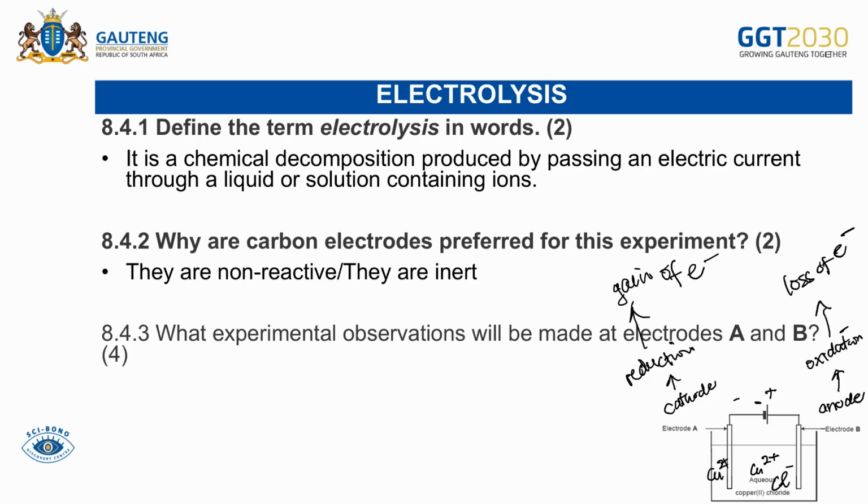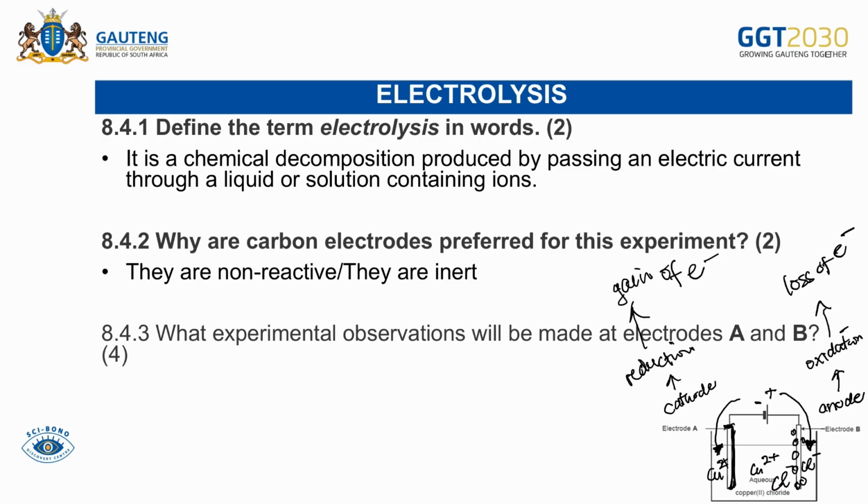And over here there's going to be Cl-, because it is attracted to the positive terminal. Remember, chlorine exists in the form of gas. So here we're going to see bubbles, greenish bubbles, and over here we're going to see a reddish-brown deposit.